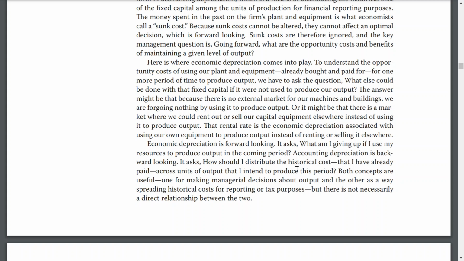Both concepts are useful, one for making managerial decisions about output and the other as a way of spreading historical costs for reporting or tax purposes. But there is not necessarily a direct relationship between the two.